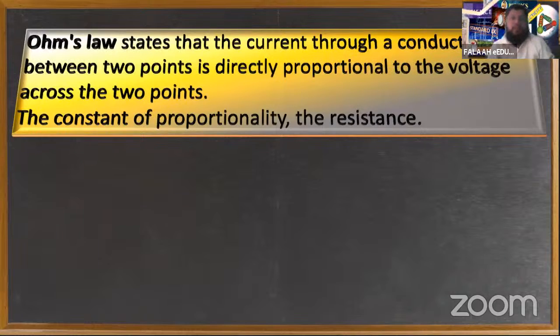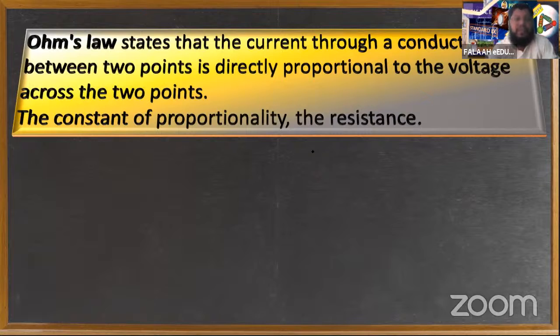Who is going to read Ohm's law for me? Ohm's law states that the current through a conductor between 2 points is directly proportional to the voltage across the 2 points. The constant of proportionality is the resistance.